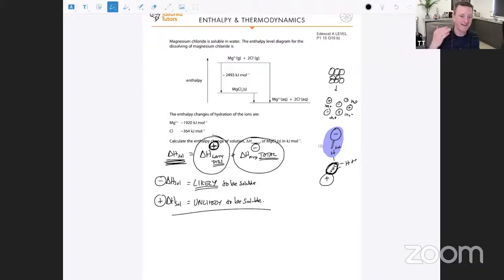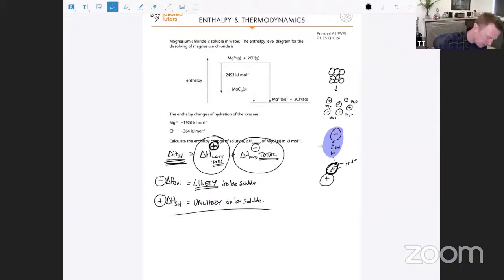So the more negative the delta H solution is, the more likely it is to be soluble at that temperature. And obviously, the closer you get to positive and then into positive, that makes it less likely. So you can get things that are soluble that have positive delta H solution, okay? Because of course, the other factors like temperature and entropy come in and have a part to play in that. So that's why we can't say that.